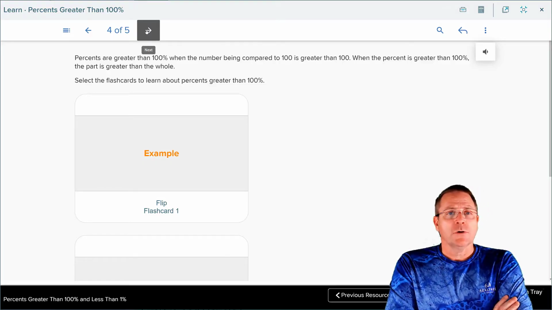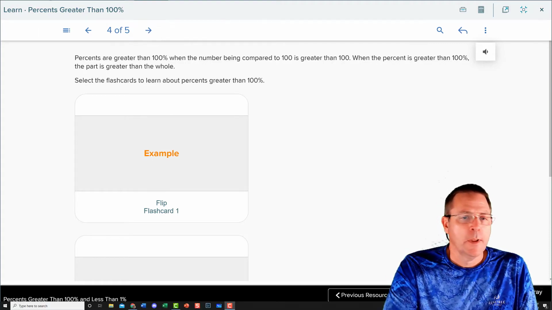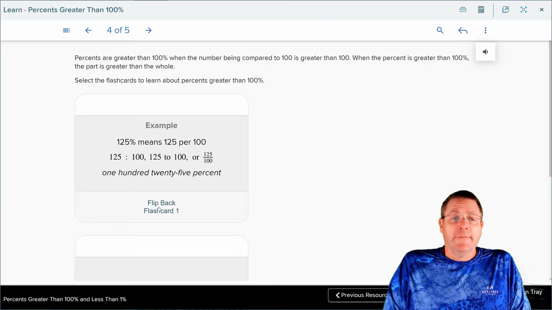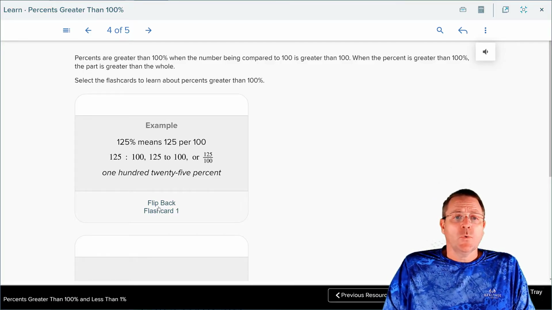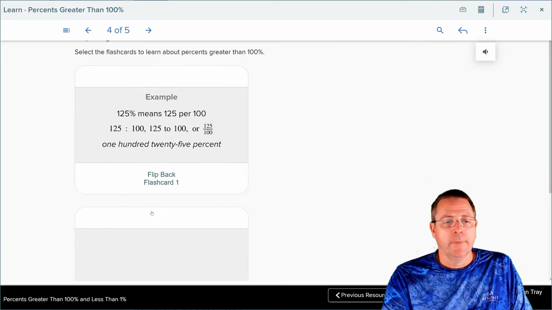Select the flashcards to learn about percents greater than 100. So flipping the first flashcard here, it says 125% means 125 per 100. They've shown it written with a colon, with the word to, and as a fraction, and how you would read it.